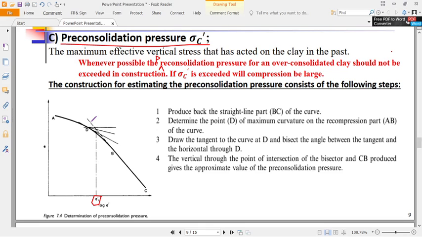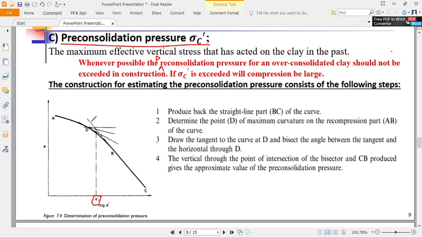At the end of the test, at this point here, they removed the sample, and the water content was 19.8%. Is that okay? Then plot e against log sigma prime, and determine the pre-consolidation pressure.